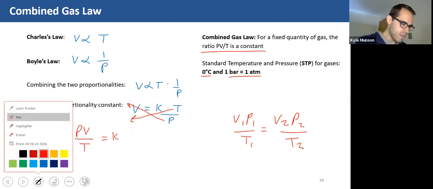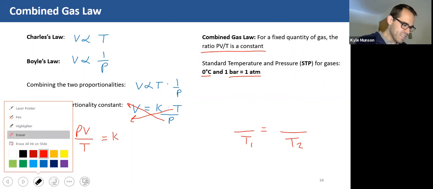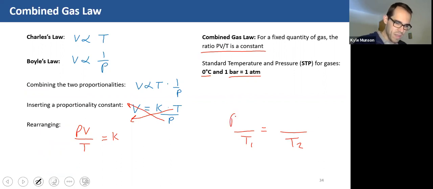I did the same thing again; my notes are different than what we're seeing here, so I'll write it this way: P1 V1 over T1 equals P2 V2 over T2. Again, it doesn't matter, but it matches the rest of what's on this slide. We're going to use this, the combined gas law, to solve problems. All right, so let's do an example together.